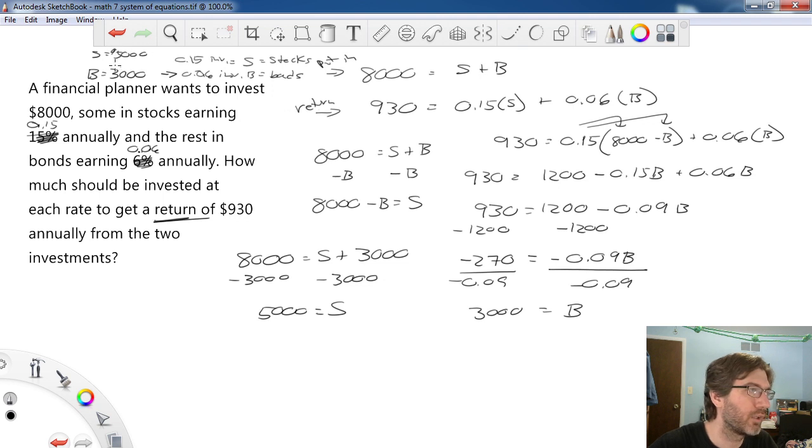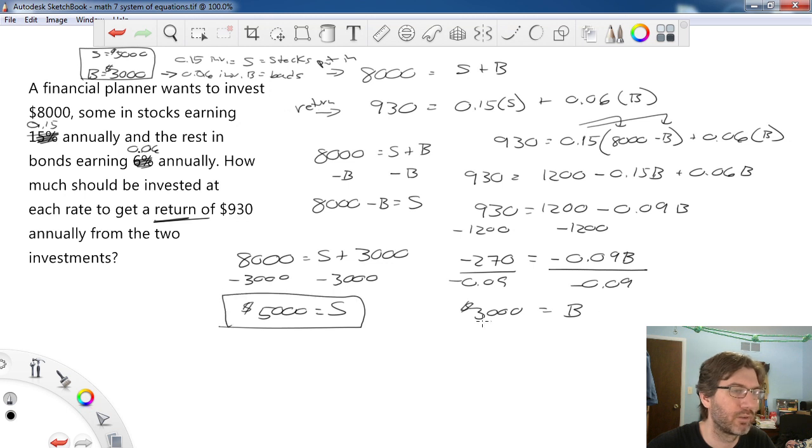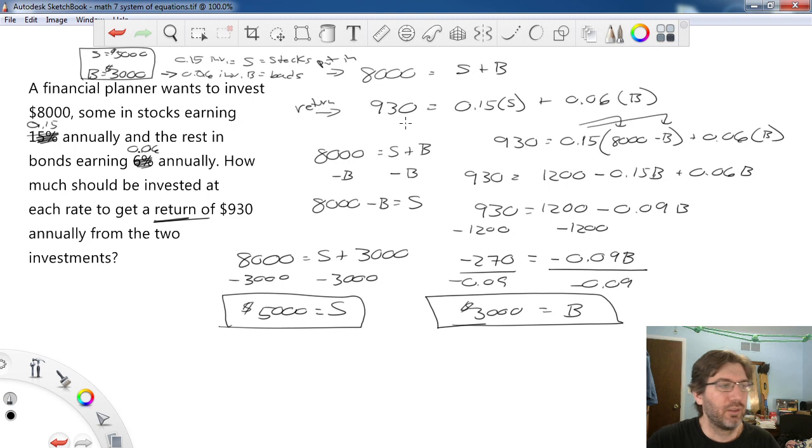And these are money, so to get your units in there, they're written bigger over here. And that is making sense to me, but we can go back and check that. Go right ahead. We already know that 3 plus 5 is going to give you 8,000, so it checks for that one.